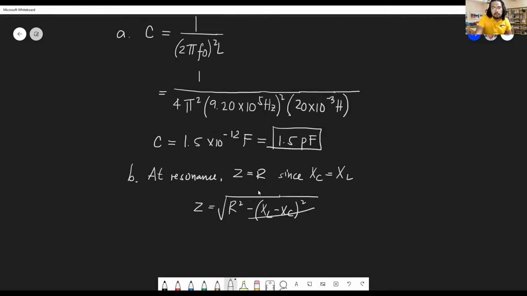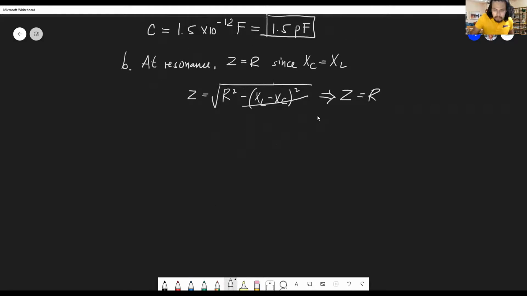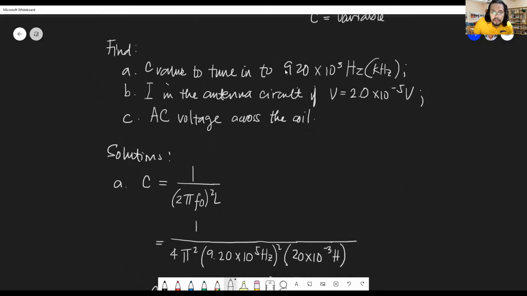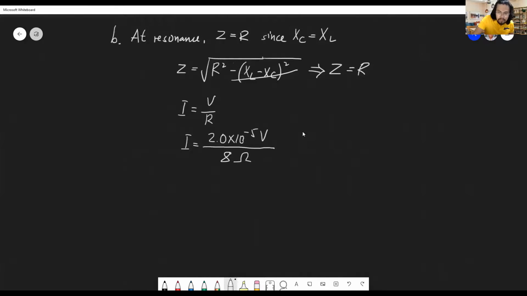So this cancels, and we are left with the equality Z equals R. Since we have that, the current becomes I equals V over R. I equals 2.0 times 10 to the negative 5 volts, because that is the output voltage that's required, divided by 8 ohms, the resistance of the coil.